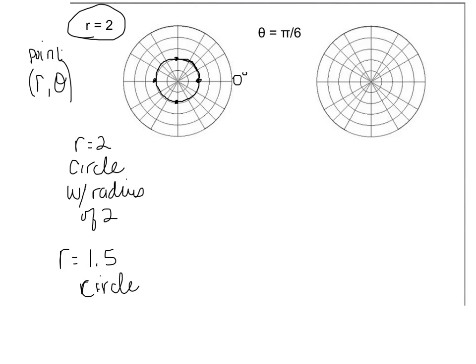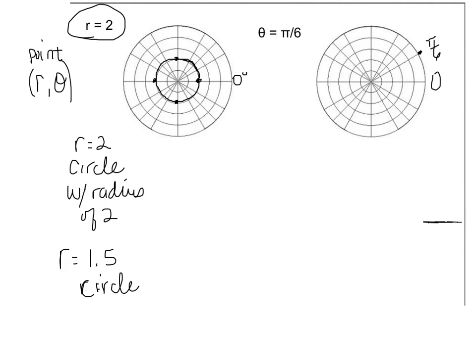So in the same way, on this second example, theta is equal to pi over 6. That means that it doesn't have any measure. In other words, it's not 1 out from the center, it's not 2 out from the center, or it could be all of them. So if this is still 0 radians, then this first point right here is pi over 6.